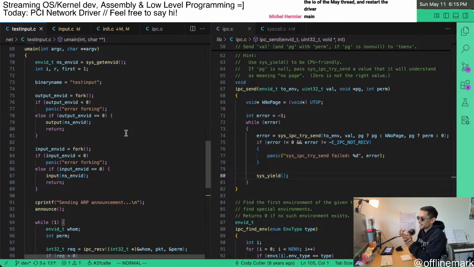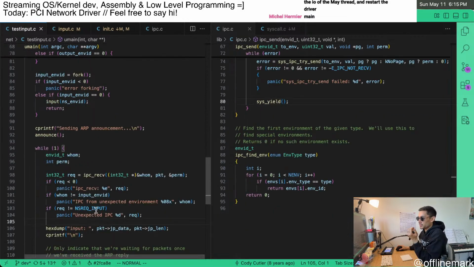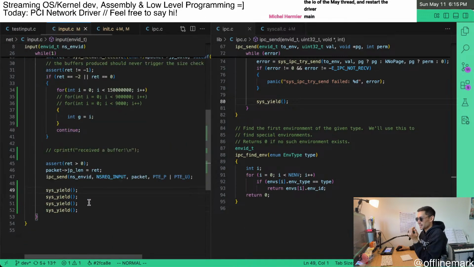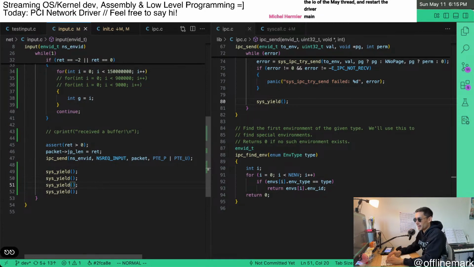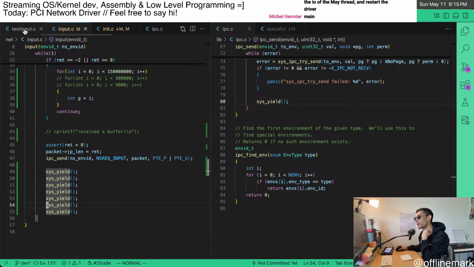But I have an idea. This is pretty bad, but if we know that there are 4 and only 4 processes on the system, we can maybe guarantee that the parent will get to run if we have more than 4 yields.